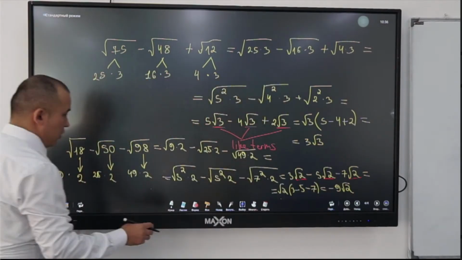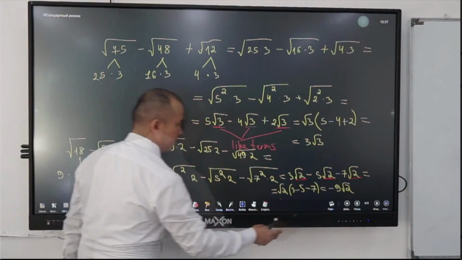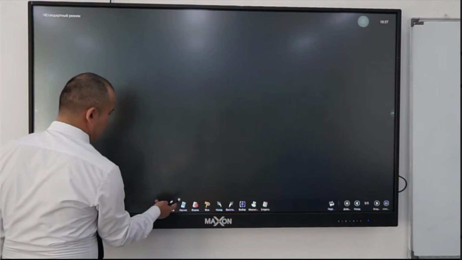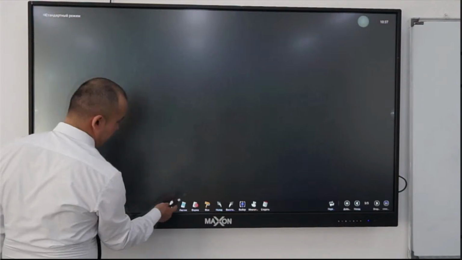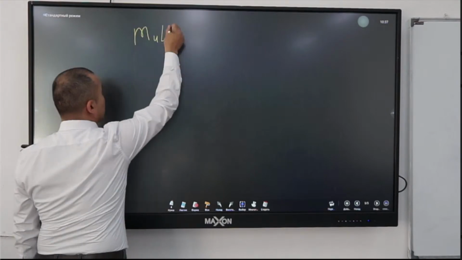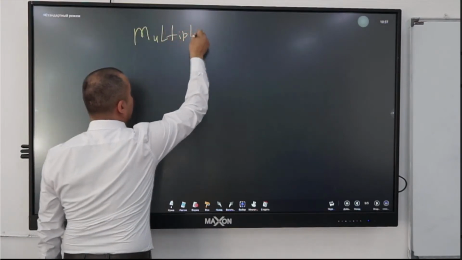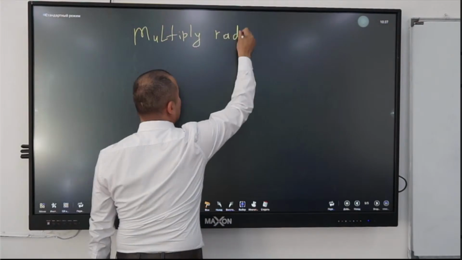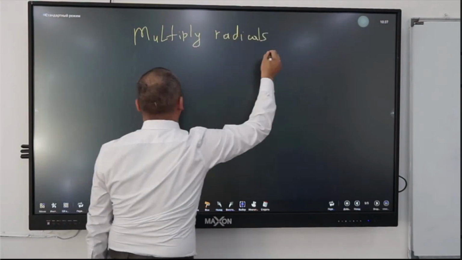Okay, we can also multiply or divide. Let's multiply radicals. Okay, another property.